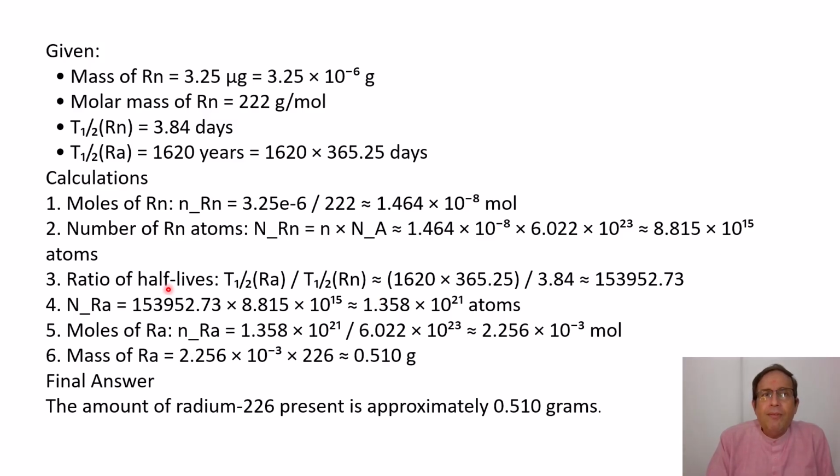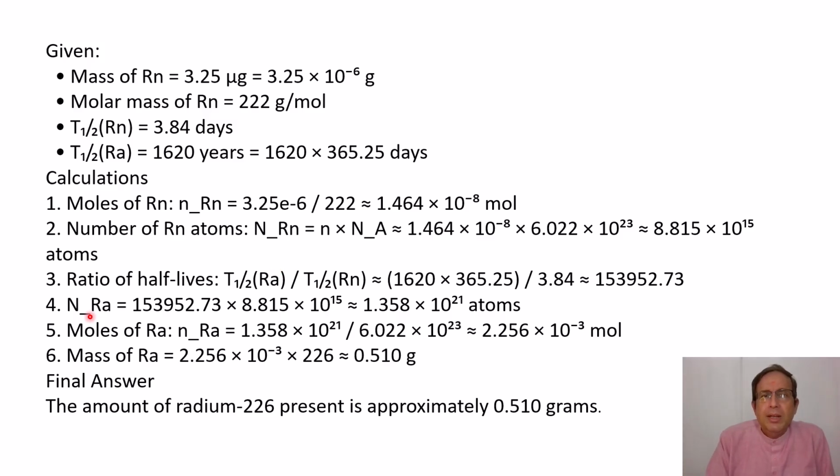The half-lives are given, so you can calculate the ratio of the half-lives, which is 153,952.73. The ratio of half-lives is equal to the ratio of the numbers of atoms present.